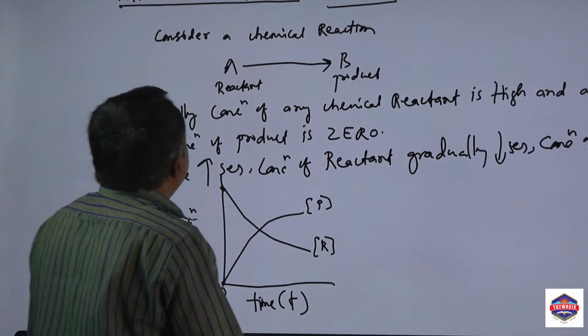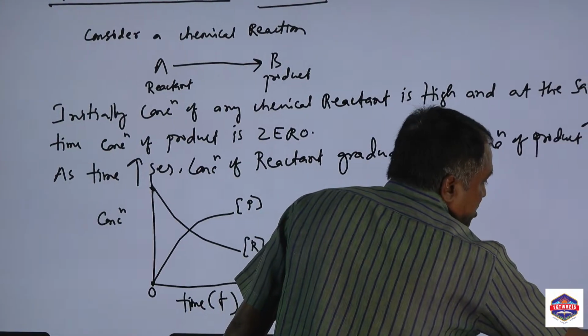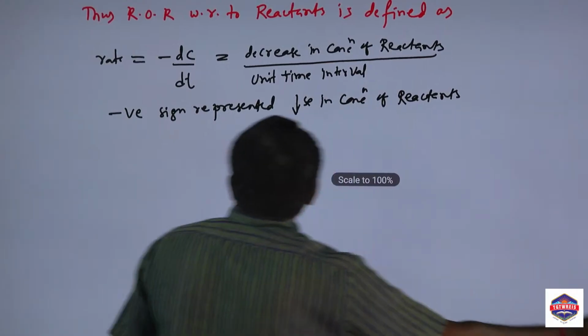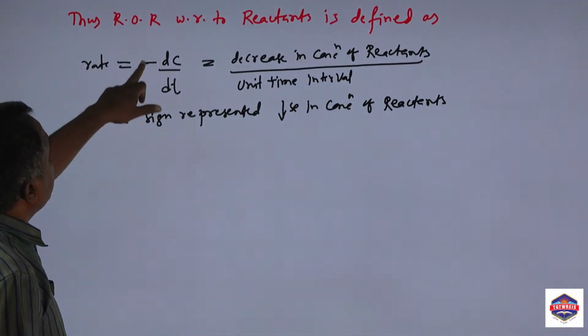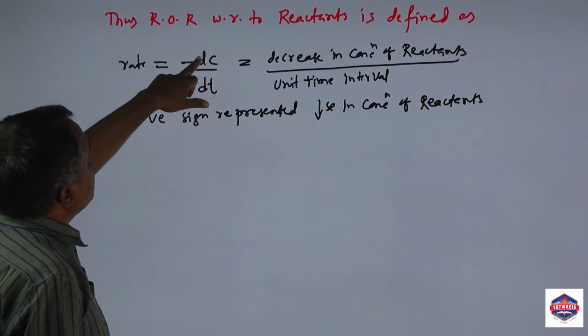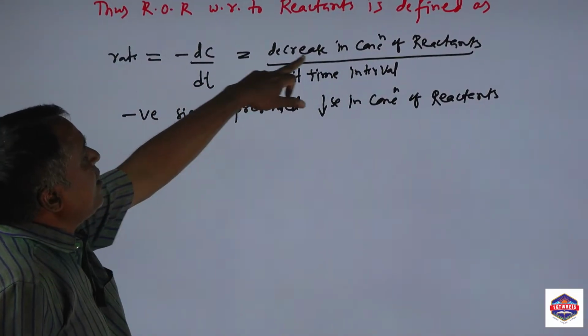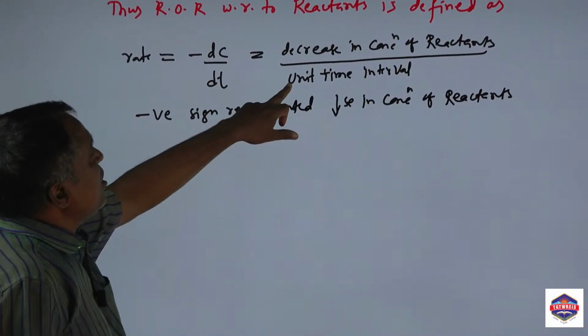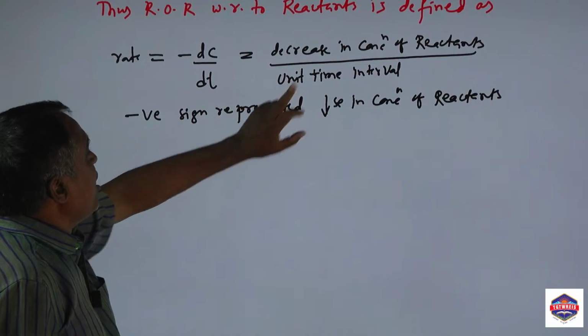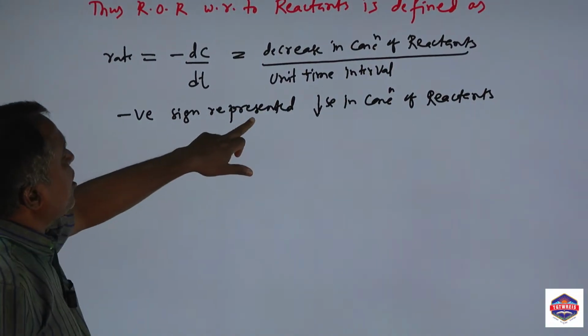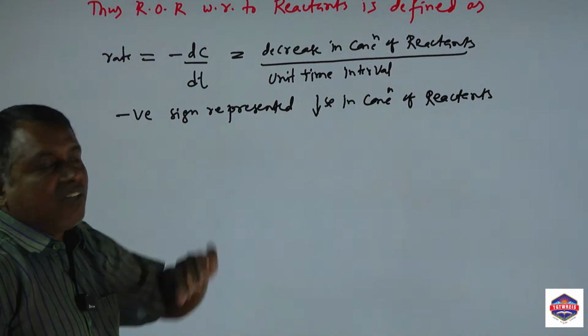That's why we have two definitions to rate. So rate with respect to reactant is minus dC by dt. It is decrease in concentration of reactants per unit time interval or change in time. The negative sign here represents decrease in concentration of reactants.